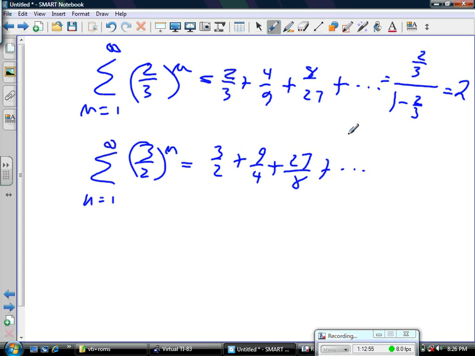No, because R is 3/2, which is not less than 1, so divergent. So we have an infinite set of convergent geometric series, as long as this is less than 1 in absolute value. We have an infinite set of divergent geometric series, as long as this is an absolute value bigger than 1. We also have an infinite set of p-series that we know converge or not.